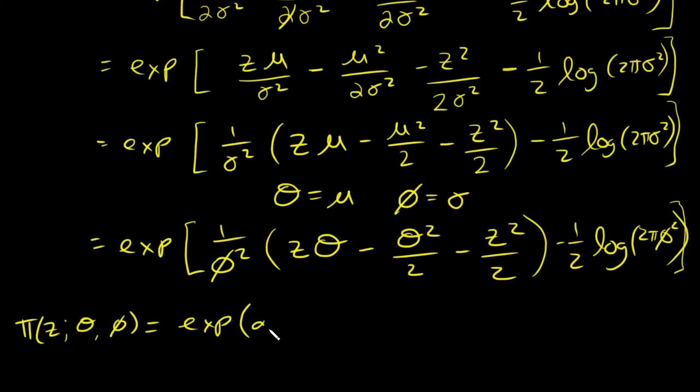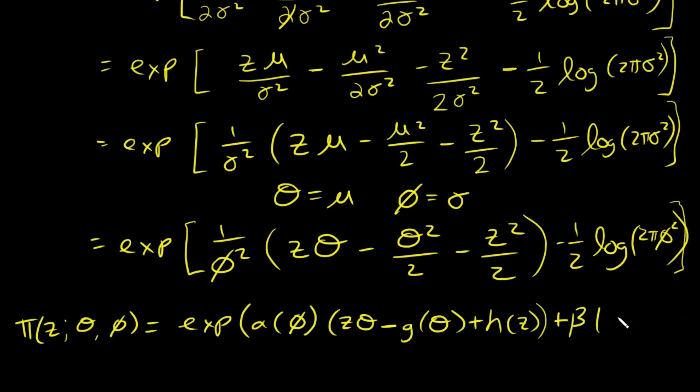I have alpha of phi, z theta, minus g of theta. I always get my signs mixed up, so be careful with your signs. Plus h of z. Okay. Plus beta of phi and z. All right, so I just have to identify each piece now.